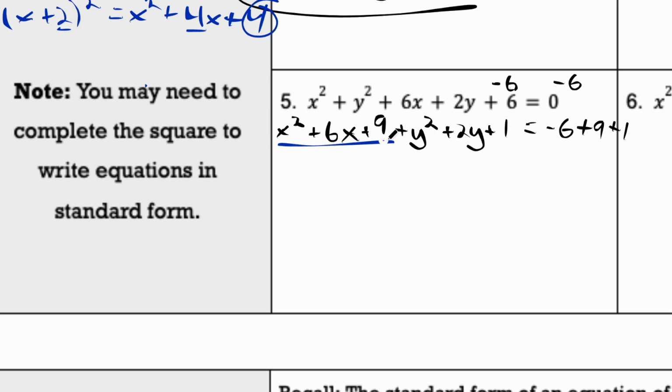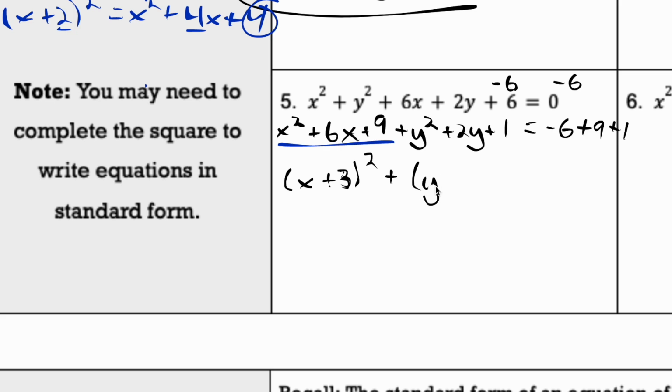So let's look at this underlined part. We did this before. What's this in factored form as a perfect square? Well, it's x plus b over 2 squared. b over 2 is 6 over 2, which is x plus 3 squared. And for this y portion, we're going to do y plus b over 2 squared.